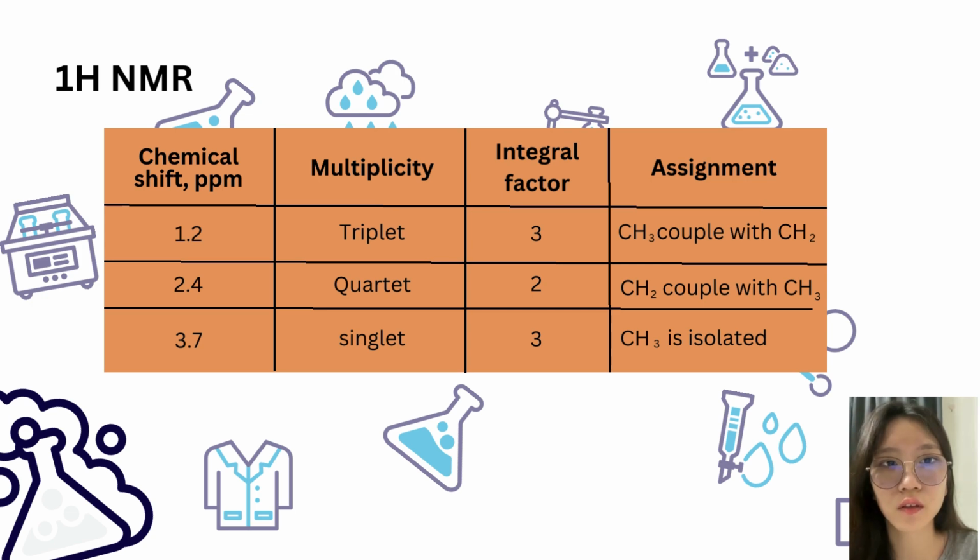Next, for the chemical shift of 2.4 ppm with the multiplicity of quartet and integral factor of 2, this means that the structure is CH2 coupled with CH3. And lastly, for the chemical shift of 3.7 ppm with the multiplicity of singlet and integral factor of 3, this is a sign that it is CH3 isolated.